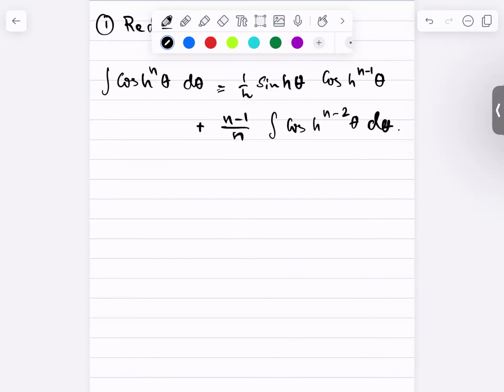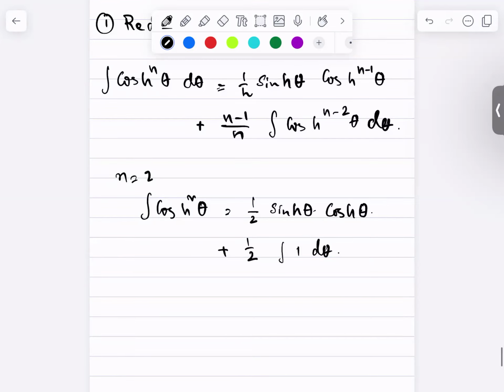So for n equal to 2, I have integration cosine hyperbolic square theta is just 1 over 2 sine hyperbolic theta cosine hyperbolic theta plus 1 over 2 again integration 1 d theta, because cosine hyperbolic to the 2 minus 2 is just 1.